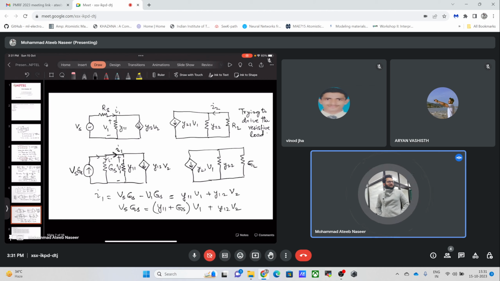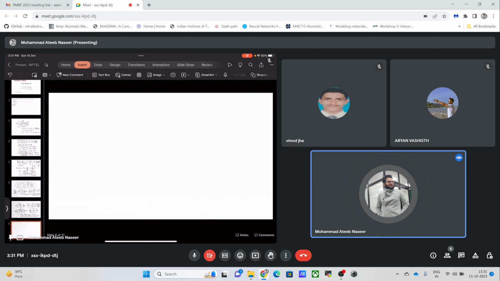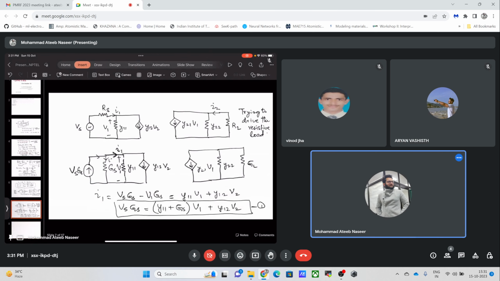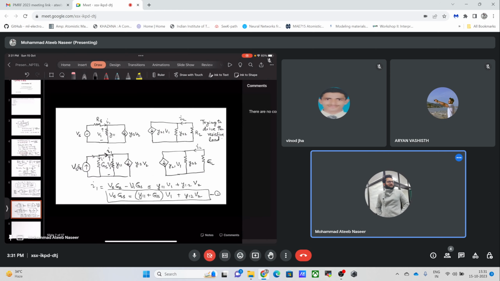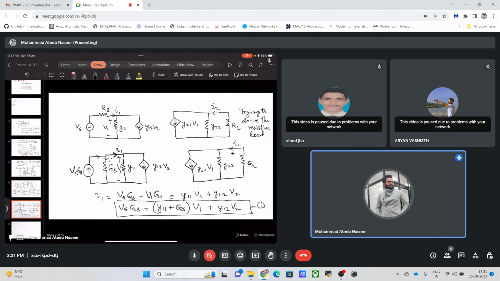Okay, this is one condition that we will be getting from the input network. And at the output, we will have I2, this is our V2.